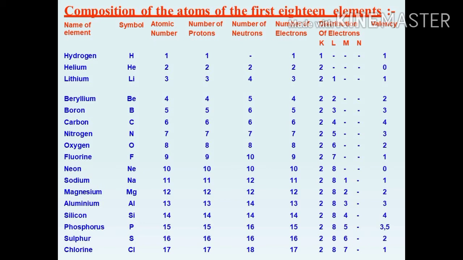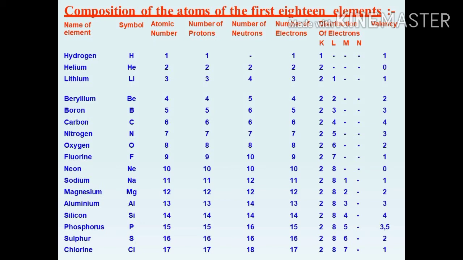Valency is the combining capacity of an atom. The electrons present in the outermost shell of an atom are called valency electrons. Keep it in your mind. What are valency electrons? The electrons present in the outermost shell of an atom.